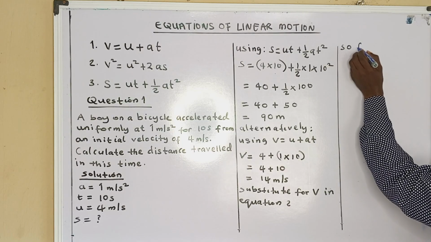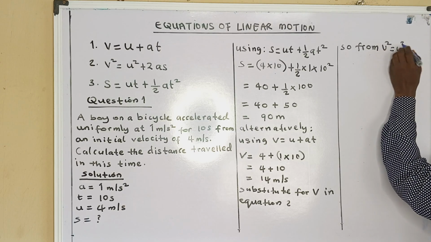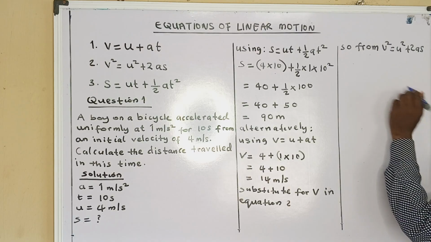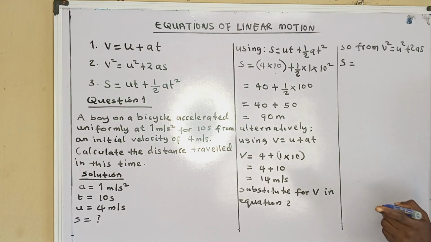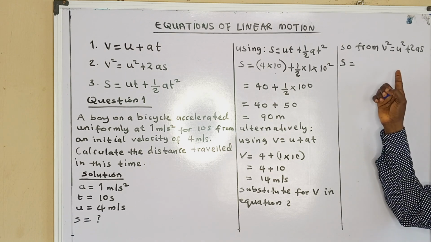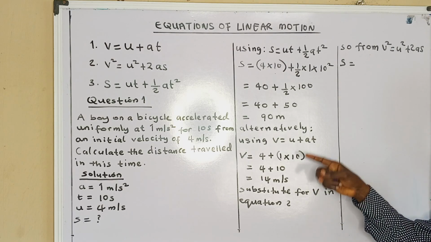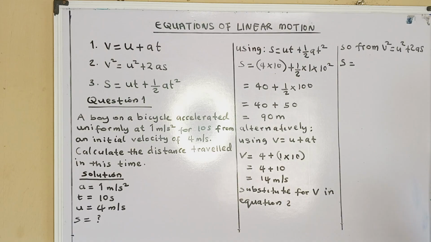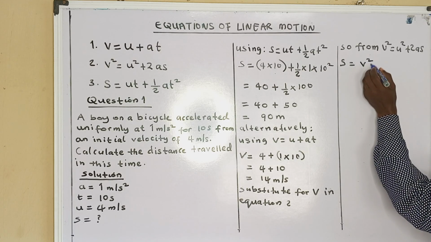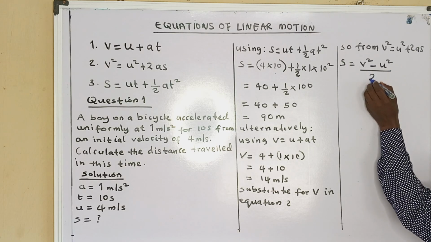From v squared equals u squared plus 2as, I have that my s, because it is the s I'm looking for, the distance traveled, I'm going to make that my s the subject of the formula before putting in all the values of my v and my a and my u there. So s equals v squared minus u squared all over 2a.